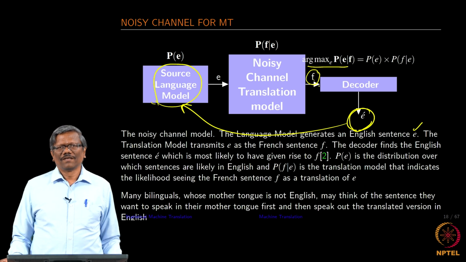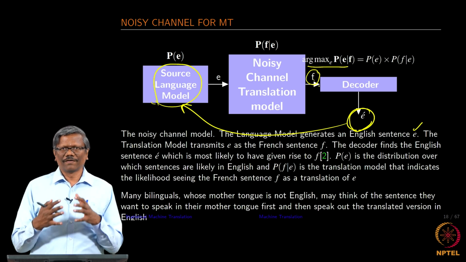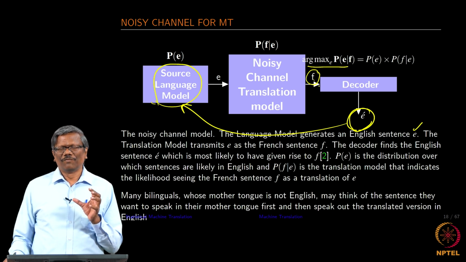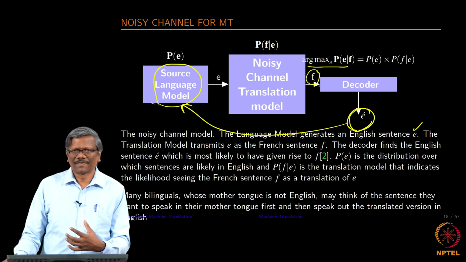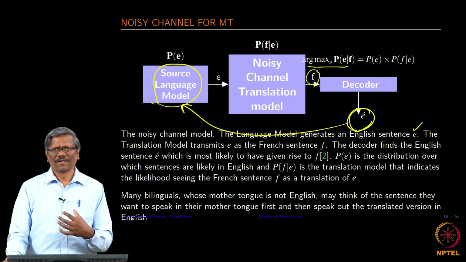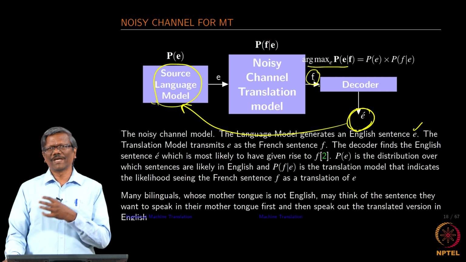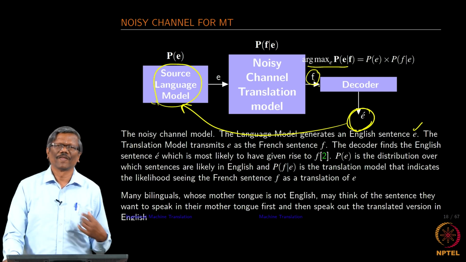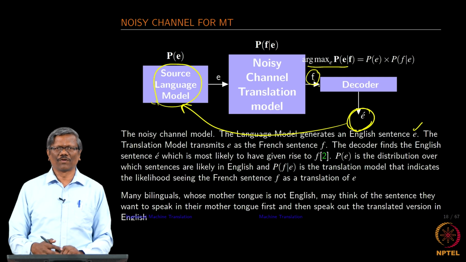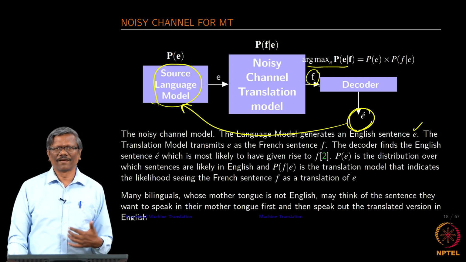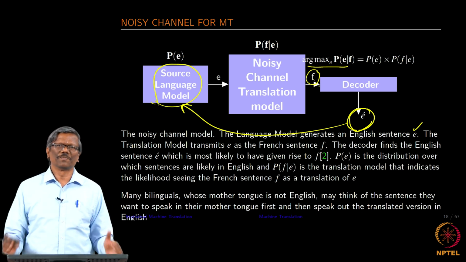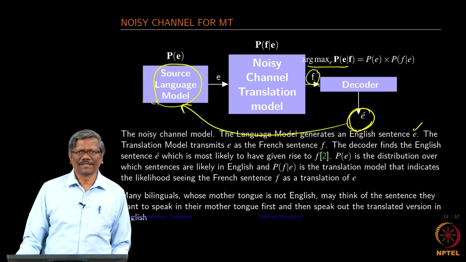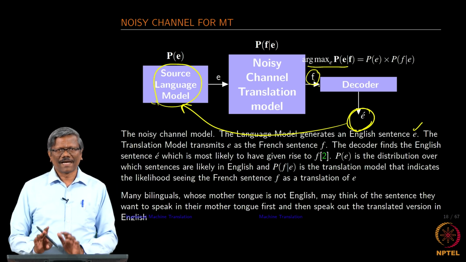So, I want to understand what kind of words and language model you have used internally to generate the translated version in English, and then estimate the source that created the English language. This is very common for people who learn to speak English. Initially, they frame their sentences in their mother tongue and then speak out the English sentence. So, this model is exactly similar.